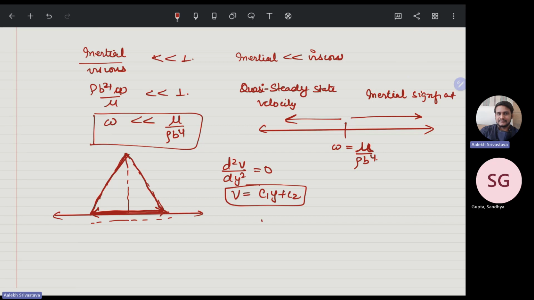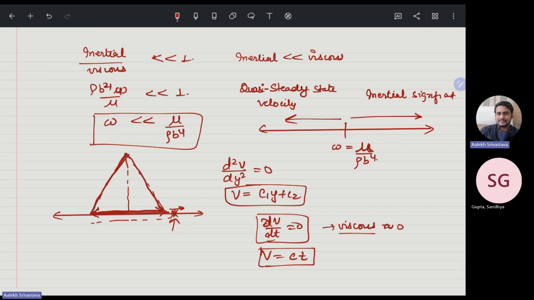Then you say that del V by del T is equal to 0 because viscous can be dropped off. Viscous is equal to 0. Now V is equal to some C into T. But you know that we have two boundary conditions at this point. One boundary condition is the no penetration boundary condition. The second is the no slip boundary condition.